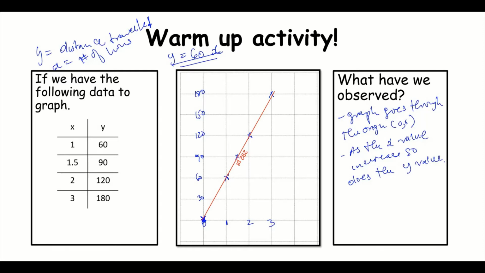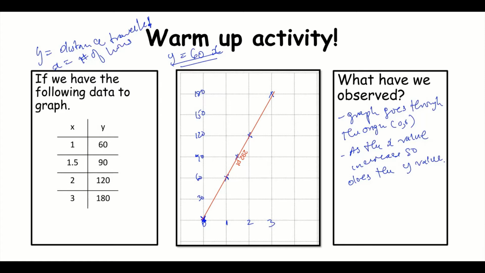Now, this is an example of what we call direct variation. For this example, we can say that the distance traveled y is directly proportional to the time spent traveling x. Or we can say that y varies directly as x.